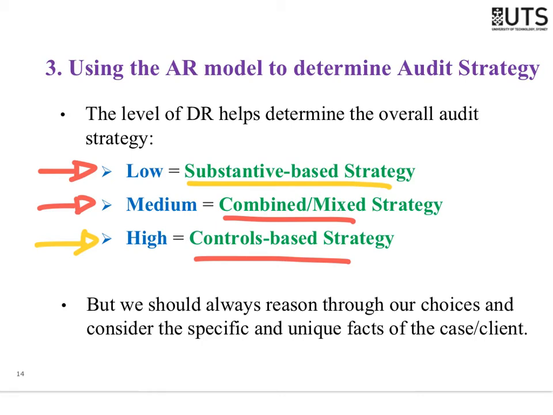Okay. Same question, but medium. If we assess control risk to be medium, are we going to test the controls? If we assess control risk to be high, are we going to test the controls? Very good. Remember that. If you're taking a substantive-based strategy and you had assessed control risk to be high, you're not doing any controls testing.